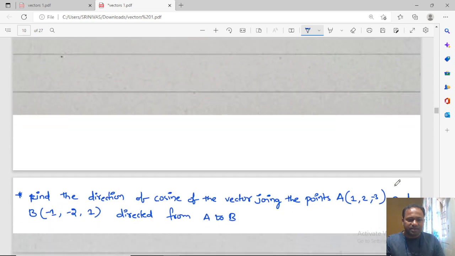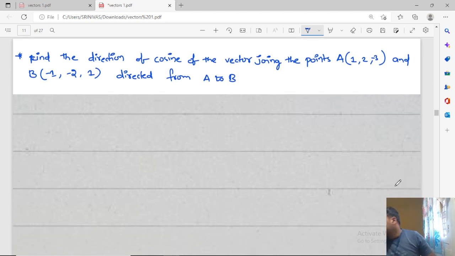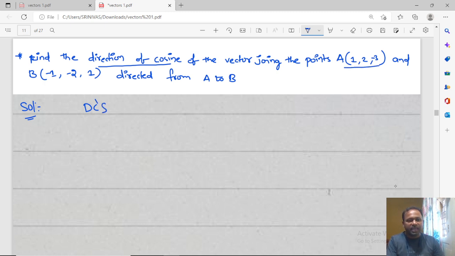In a similar method, I can do one more problem. So what will be the other problem? See this. Find the direction cosines of the vector joining A to B. So A is 1, 2, minus 3, and B is -1, -2, 1.